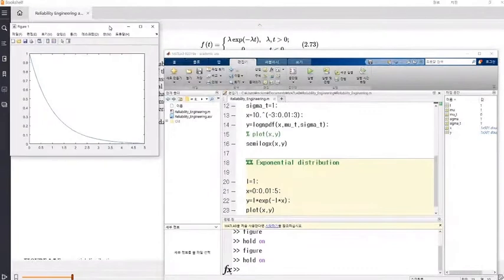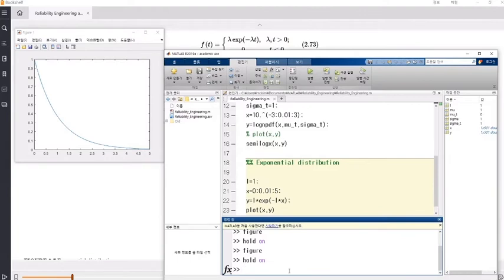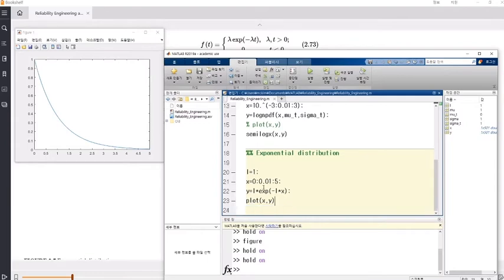So this would be the function when lambda equals 1. Of course, once again, when lambda equals 0.5, when lambda equals 2, that is how the exponential function looks when lambda equals 2. And when lambda equals 0.5, that's the exponential function.